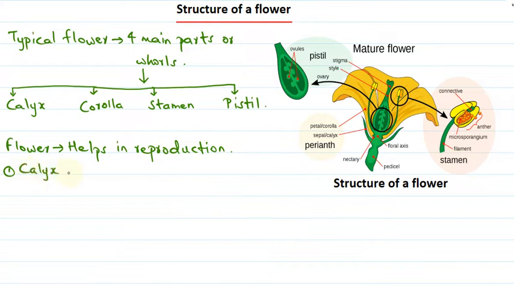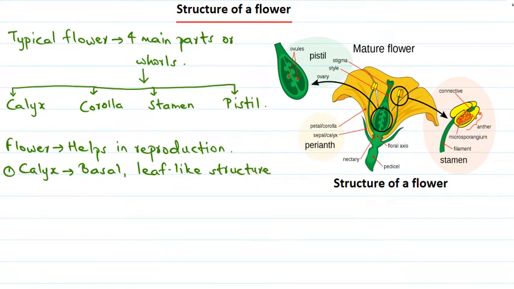Let's start with the calyx. It is the basal leaf-like structure of a flower.